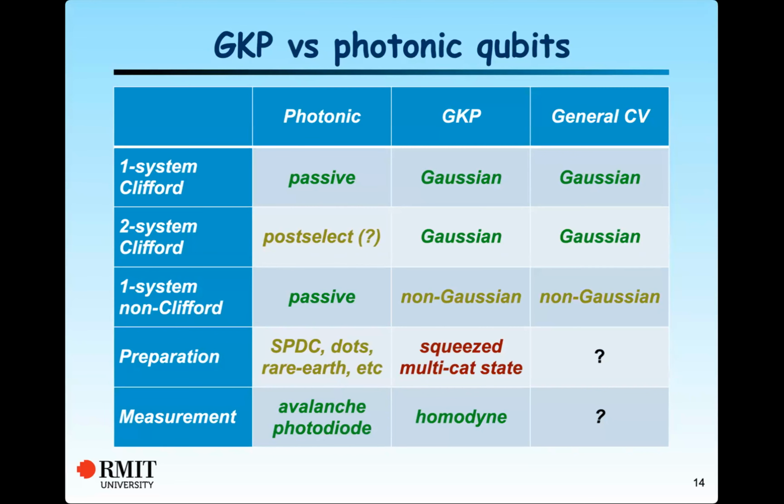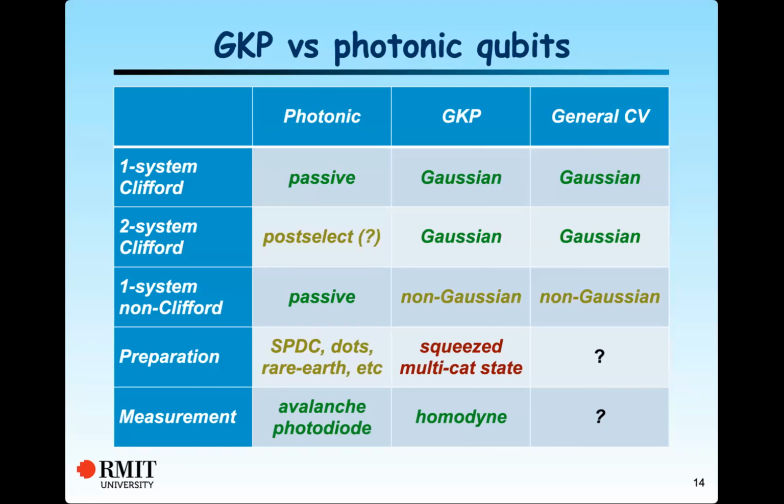Now, for photonic qubits, the single system gates, both Clifford and non-Clifford, are done entirely with passive linear optics. This is a big advantage because it's just pieces of glass and partially silvered mirrors. So beam splitters and phase delays. And so that lets you do all single system gates.